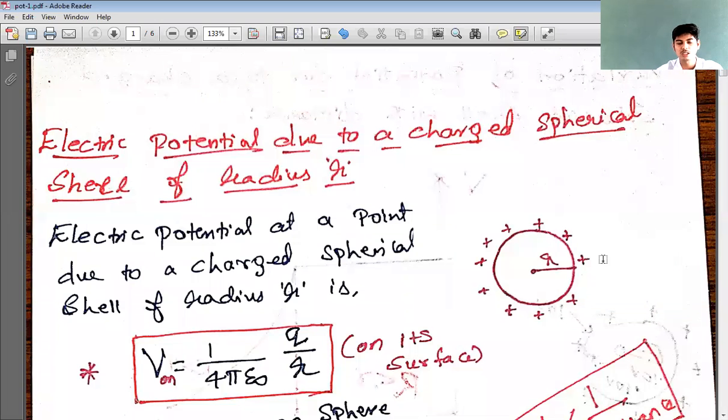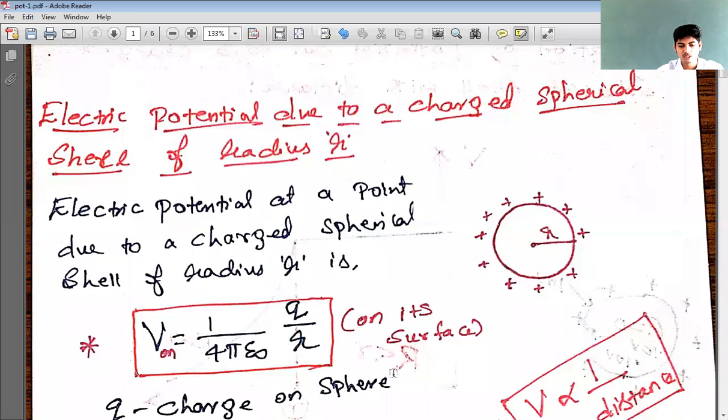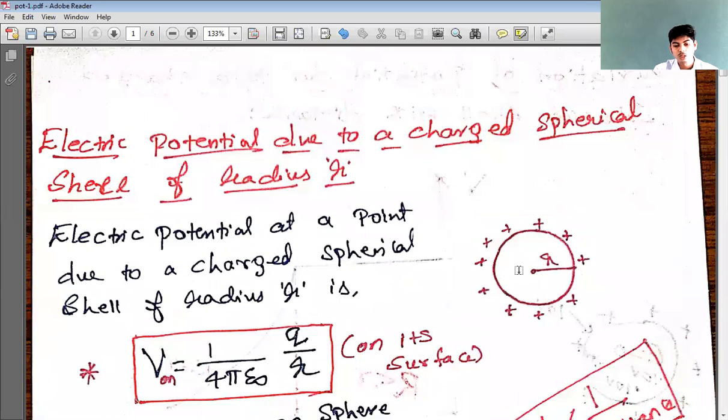Do you know how much potential a charged spherical shell creates? A charged spherical shell produces a potential equal to 1 by 4 pi epsilon naught Q divided by R. A point charge also creates the same potential. If you remember, electric potential produced by a point charge is also equal to 1 by 4 pi epsilon naught Q by R. So a charged spherical shell is like a point charge with all its charge present at the center.